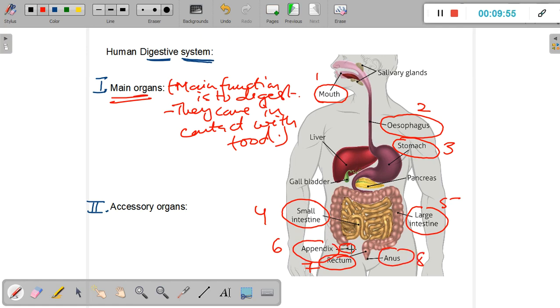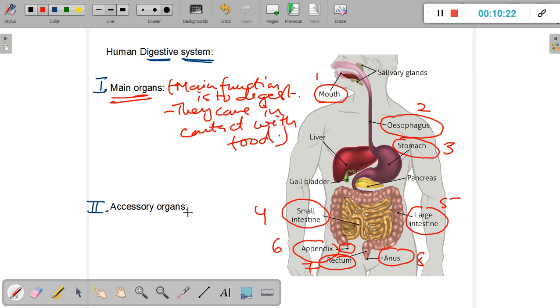Now remember, appendix is just a part of the large intestine. It is not used by the human body anymore, and we call it a rudimentary organ. We don't need this anymore. It is just a part of it. Just like hair don't serve a particular function in our body, similarly appendix doesn't serve any particular function in the human body. Anyways, so you must remember at least 8 main organs of the human digestive system.